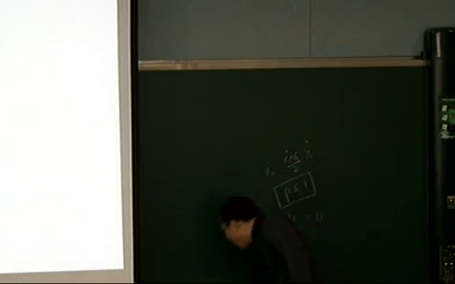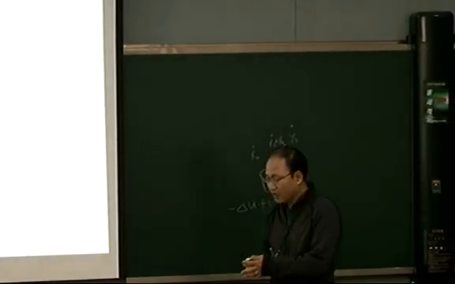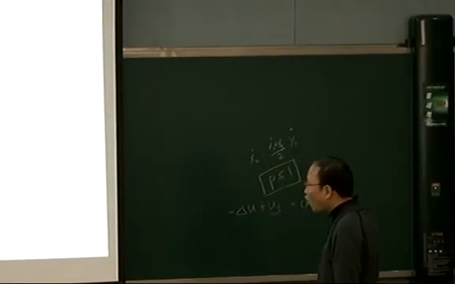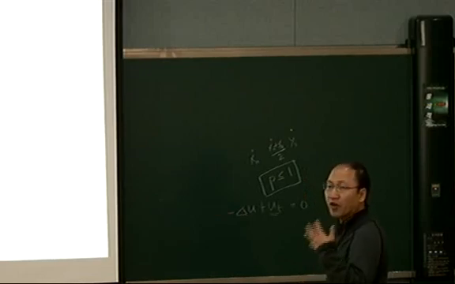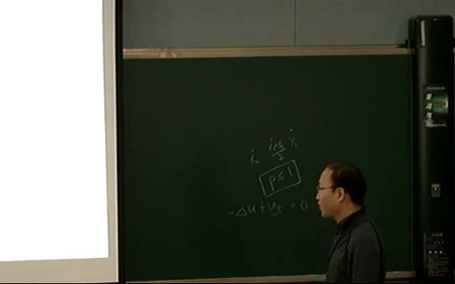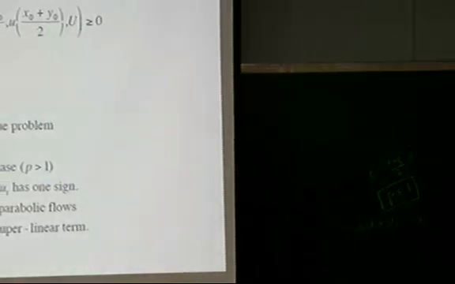Then let's say it looks like this. Then let's say this one is like a positive operator. Then you can think of it like an elliptic operator. Then you can apply his method. But if the sign of u_t is changing, then the method doesn't work.